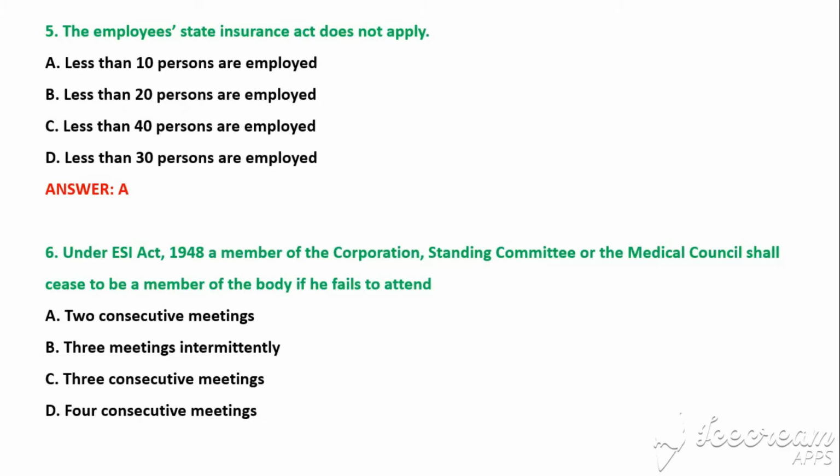Then 4 consecutive meetings. Here option C is right. So, under the ESI Act 1948, a member of the corporation, standing committee or medical council shall cease to be a member of the body if he fails to attend 3 consecutive meetings.